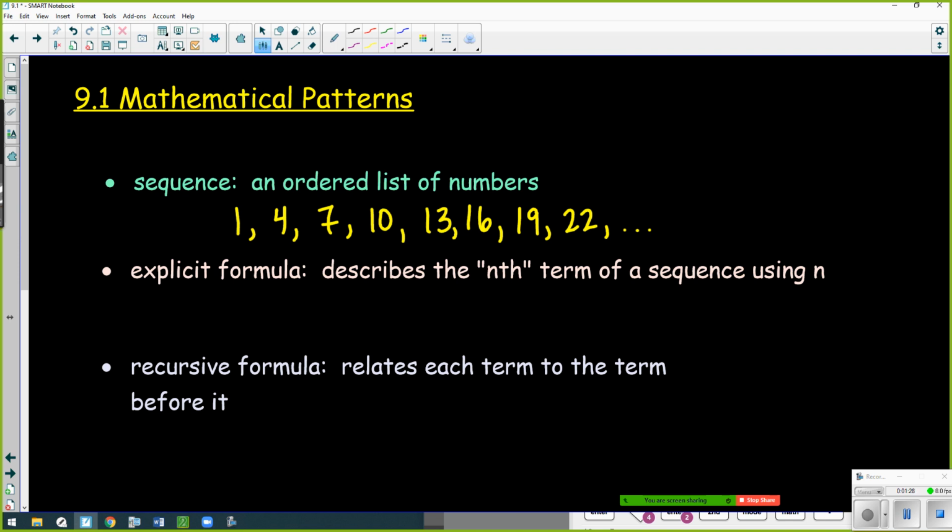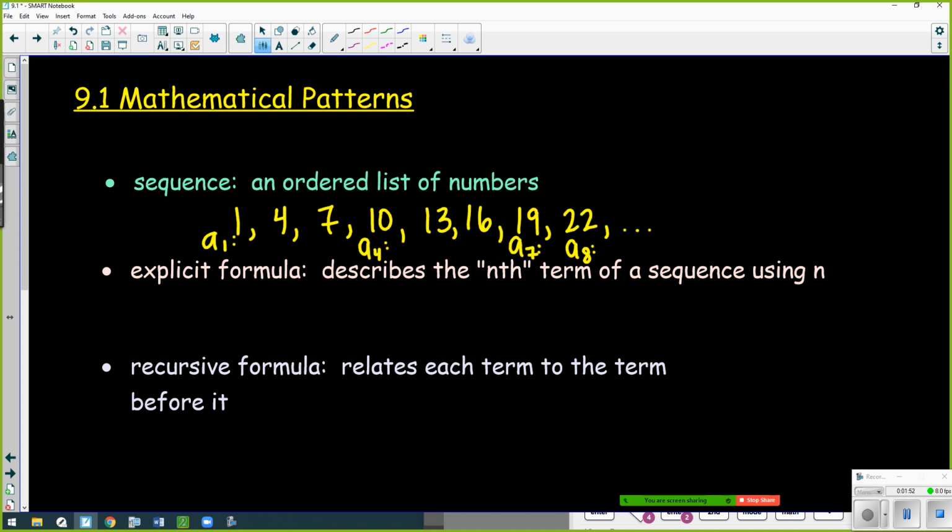Our first term, a sub 1, is 1. I could say that a sub 4 is 10, and then 5, 6, 19 would be a sub 7, 22 would be a sub 8. So a, and then the subscript just tells us what number in the list of ordered numbers it is.